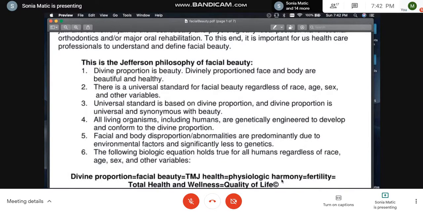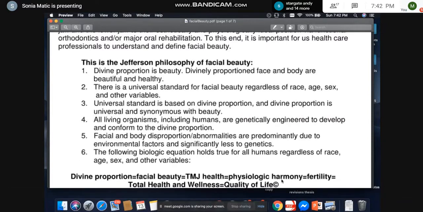All living organisms, including humans, are genetically engineered to develop and conform to divine proportion. Facial and body disproportion abnormalities are predominantly due to environmental factors and significantly less to genetics. So the following biologic equation holds true for all humans regardless of race, age, sex, and other variables.